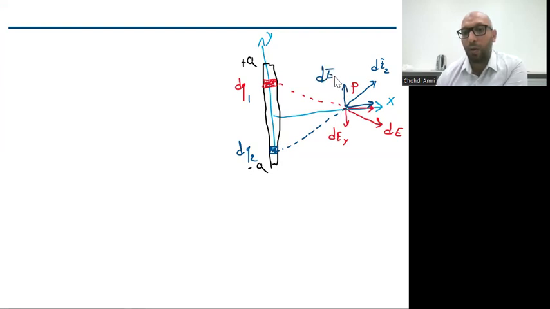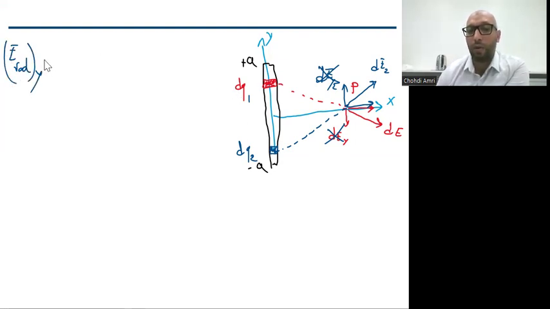What do you think about the y components of the two vectors? Yes, good. They are equal in magnitude and opposite in direction, so they will cancel. At the end, we can say that the y component of the electric field produced by the rod will be 0 due to the symmetry.